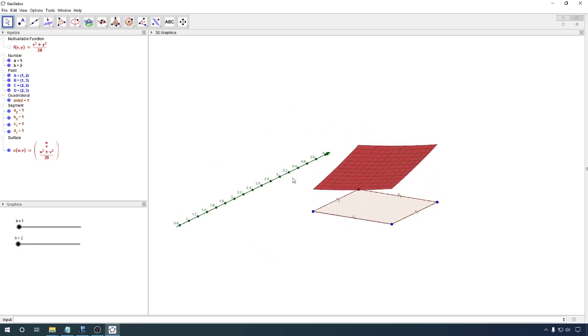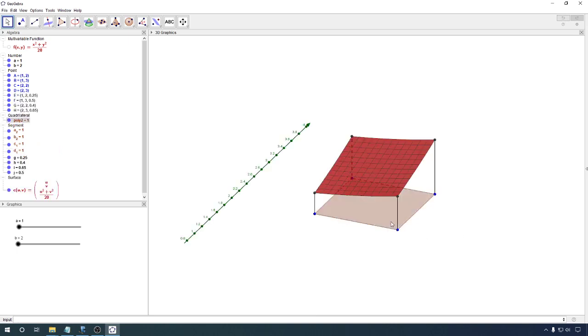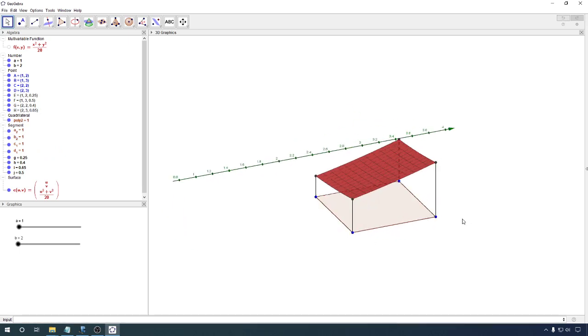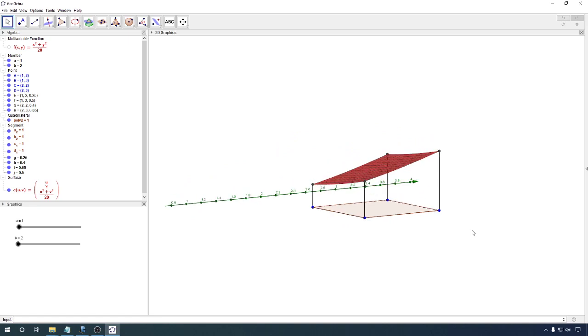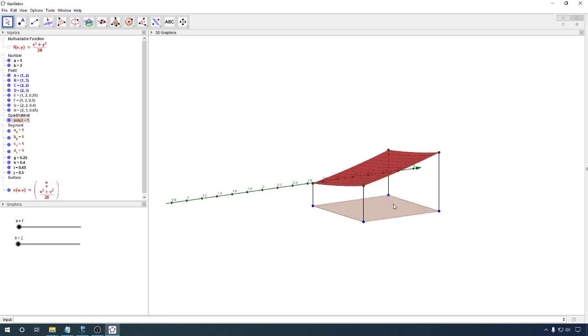And we can treat this as a solid. So here I've attached the corners of our square to the corners of this cutout of our surface, and we've got this solid piece here, if we imagine all the points between the actual square and our surface.